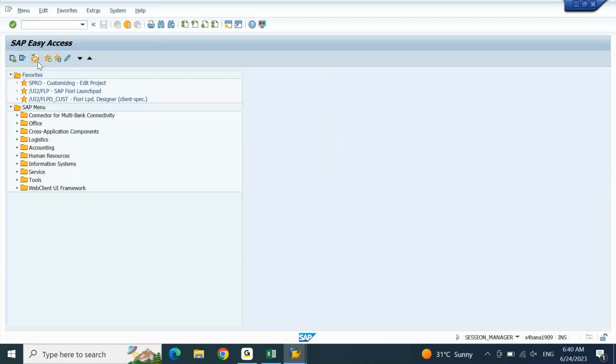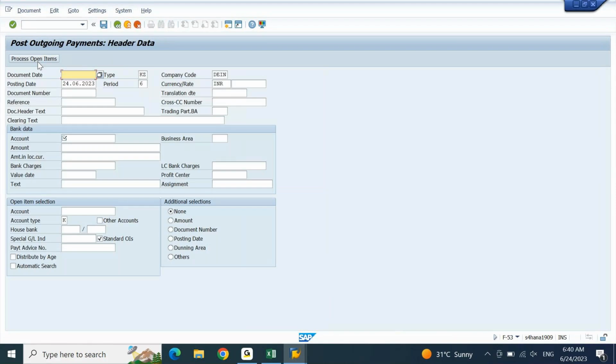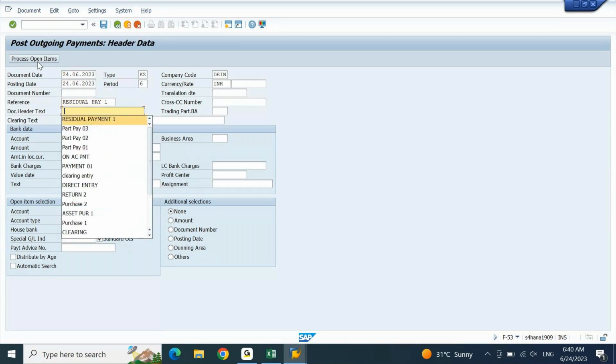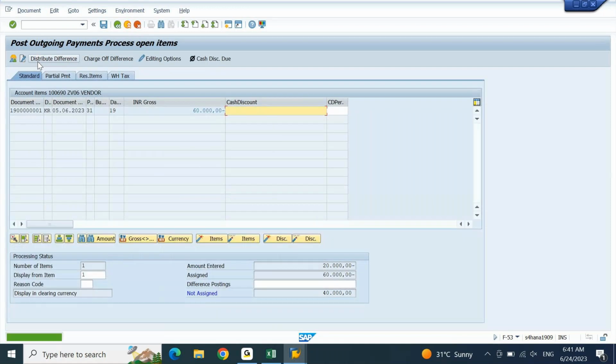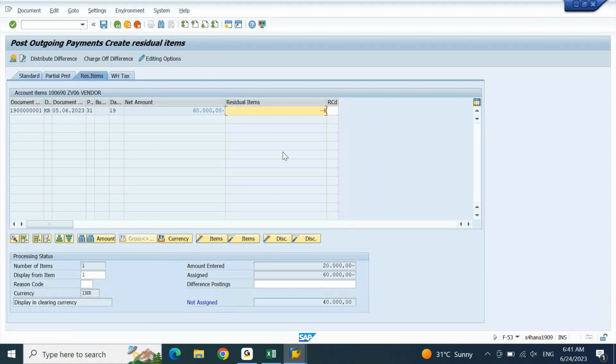Let us input the same entry once again by updating the profit center now. Same thing, residual payment 20,000. Residual payment, let me input the profit center now. Residual payment, 40,000 negative will be the balance amount.